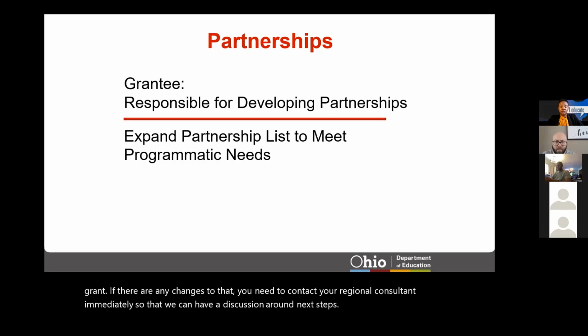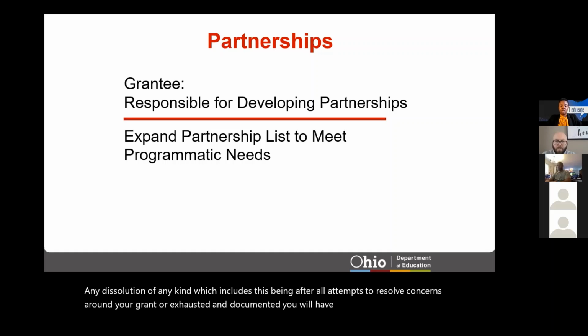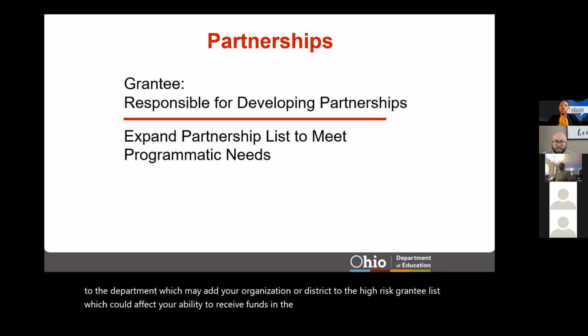Any dissolution of any kind, which includes this being after all attempts to resolve concerns around your grant are exhausted and documented, you will have to relinquish your grant back to the department, which may add your organization or district to the high-risk grantee list, which could affect your ability to receive funds in the future. And I always share this because this is a last resort.